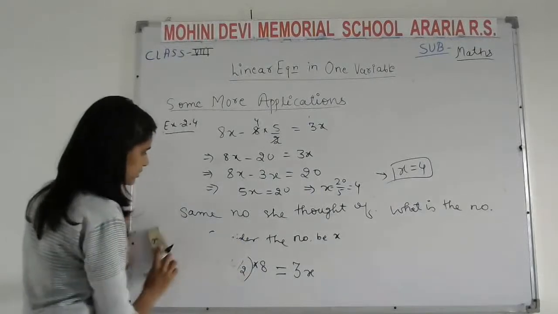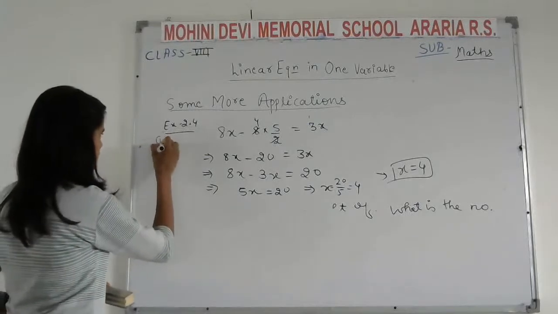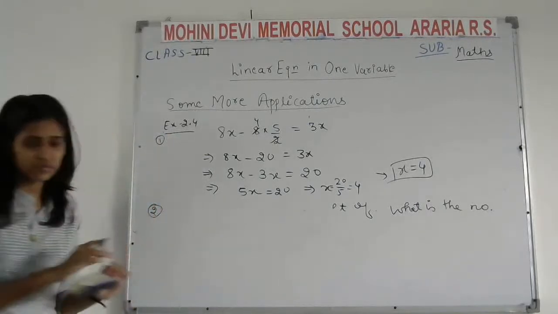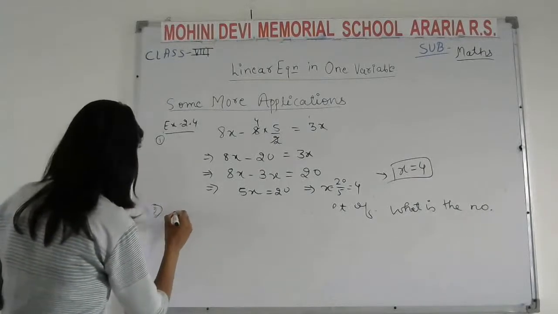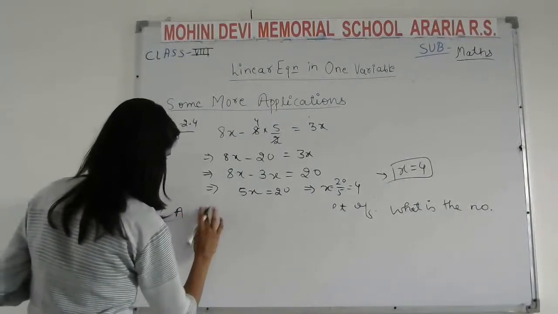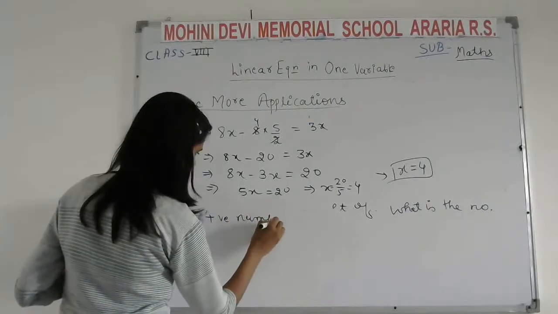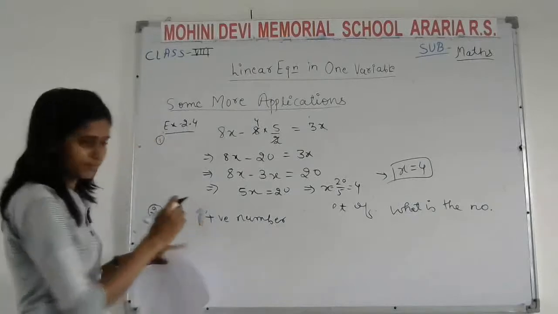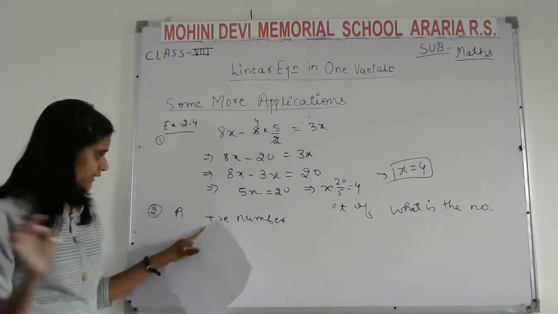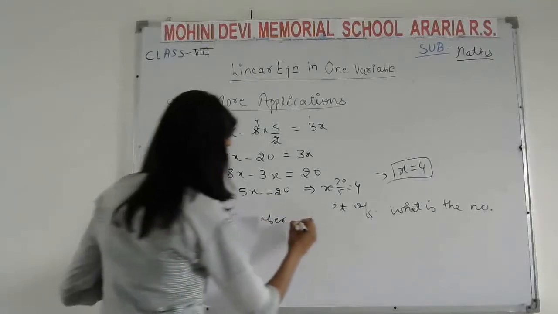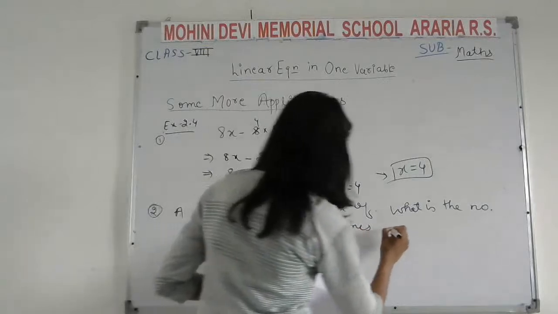Now to the next question. This was question number first. Now this is question number second. A positive number. I'm writing it like this. A positive number can be written like this, with a plus sign. A positive number is 5 times another number.